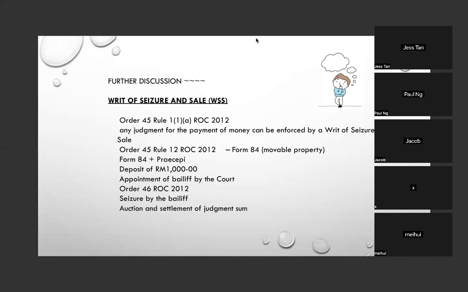Okay, and after they have a listing, the defendant will need to sign on the listing itself, to make sure that all the properties are listed in accordance to what we have seized. Okay, so they will then have an auction date and they will auction off the property. Okay, and hopefully the items that were being auctioned are good enough to settle the judgment sum, hopefully, but that was not always the case.